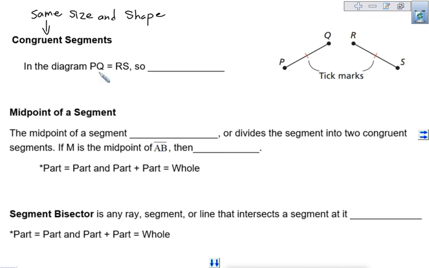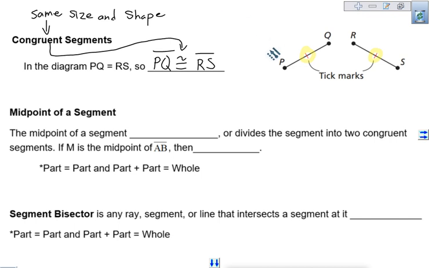So we have the length of PQ equals the length of RS, which tells us that these segments are congruent. Remember that our symbol for congruent is the equal sign with a squiggly line over top. Now, in this class, we show that 2 segments are congruent with tick marks. Notice there's 1 on each of these.